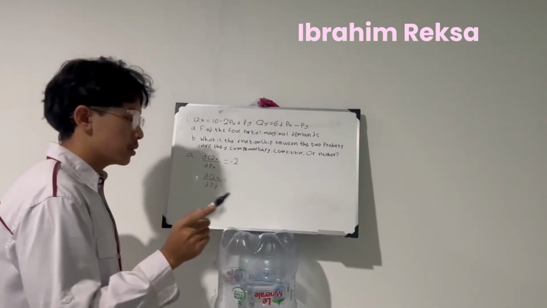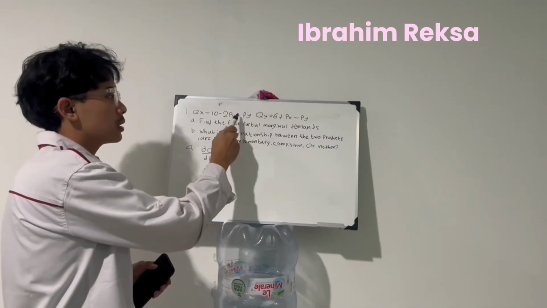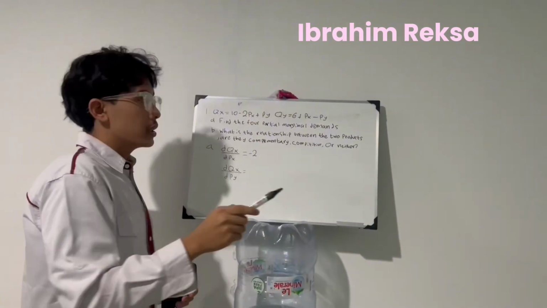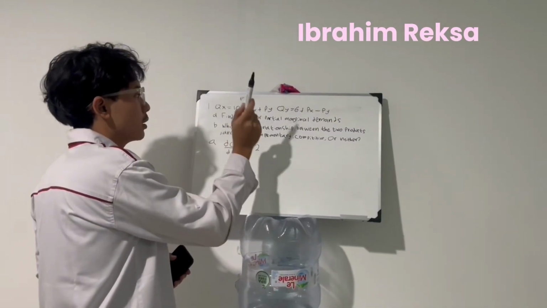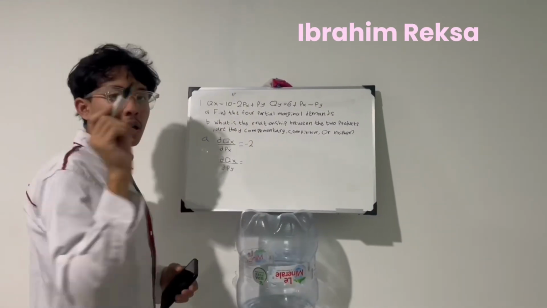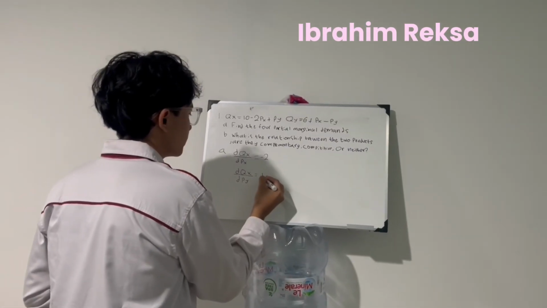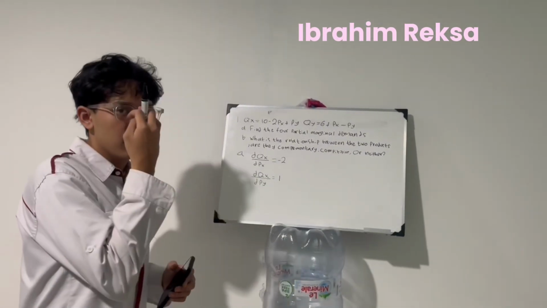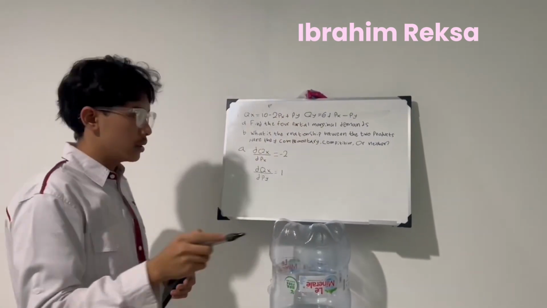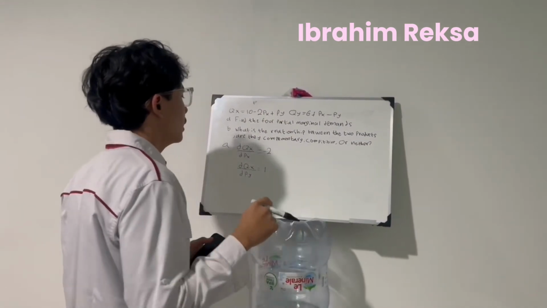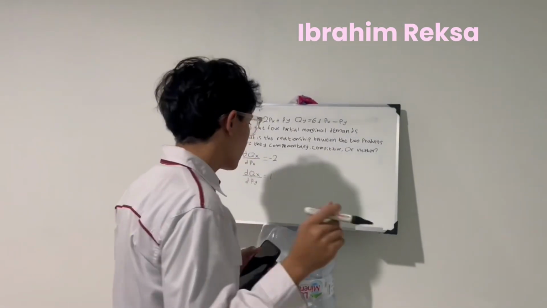So let's continue with PY. When there is no number, only the variable, it means the price Y coefficient is 1. So when we differentiate it becomes 1, because when we differentiate, the PY is gone. There's only 1. Let's continue to the next one, product Y.